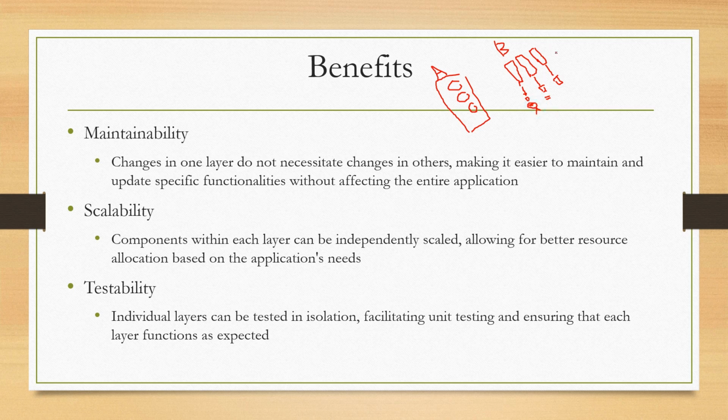So it will be easy to extend your applications and easy to add other components if needed. Of course, it will also be easy to test. The testability of individual components will be easier than testing all the components together. So these are some benefits of using software architecture layers.